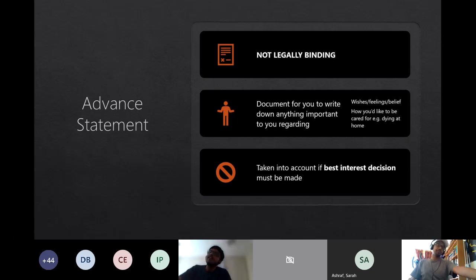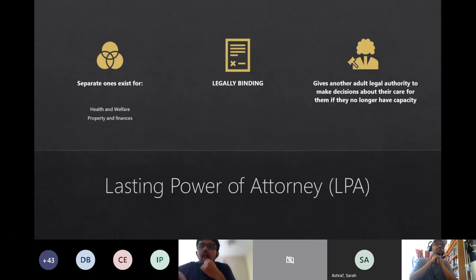Yeah. So similarly, we will talk about another thing that happens with this. Lasting power of attorney, you have two separate ones: health and welfare, property and finances. The only person that can make a decision about your healthcare is if you give them health and welfare. Someone with property and finances cannot decide about your healthcare. This is a legally binding situation where you give another adult, usually a family member, the legal authority to make decisions about your care.